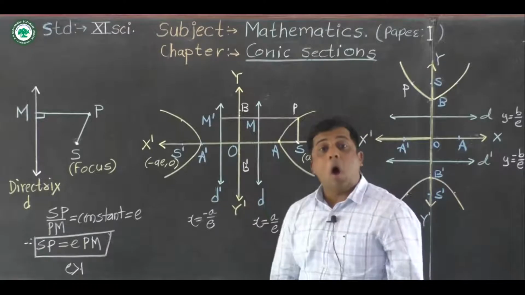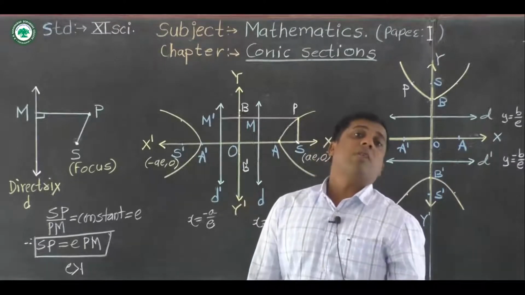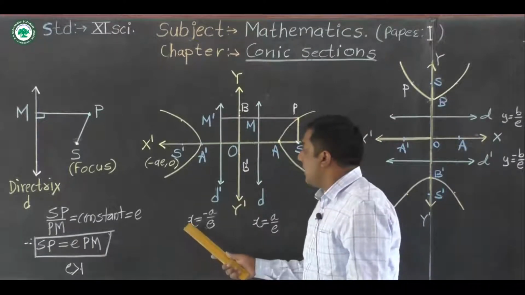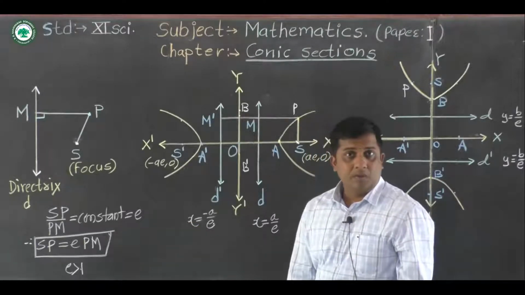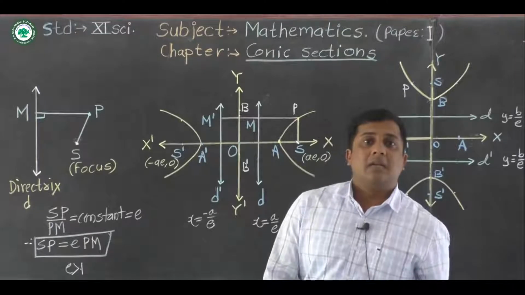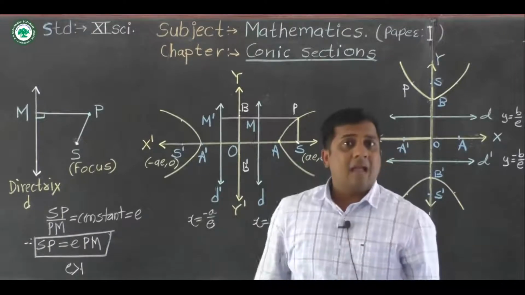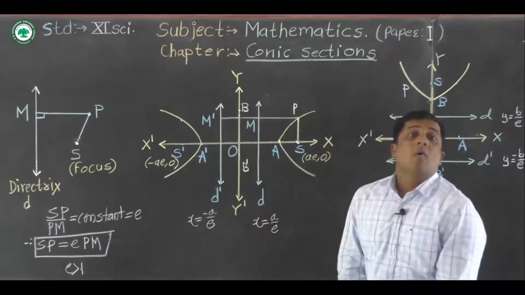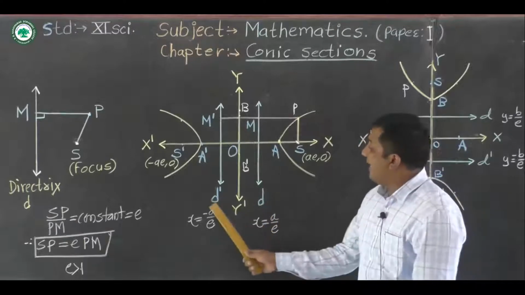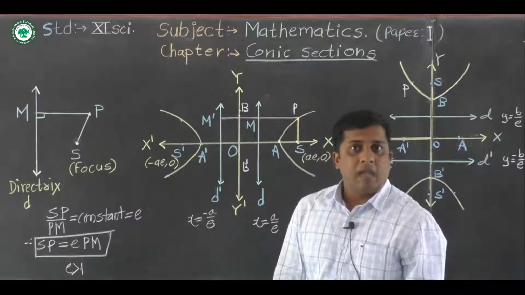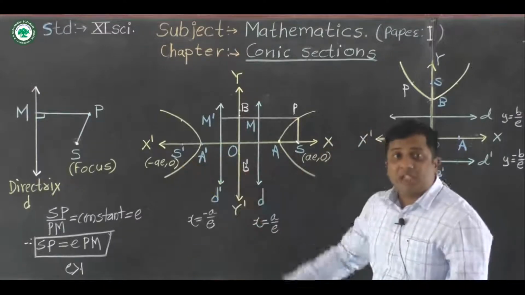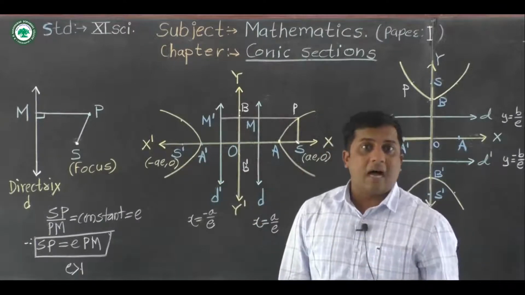The equation of D dash, that is the directrix, is x is equal to minus a by e. So we consider two directrices and two foci. D and D dash are the directrices and S and S dash are the foci.